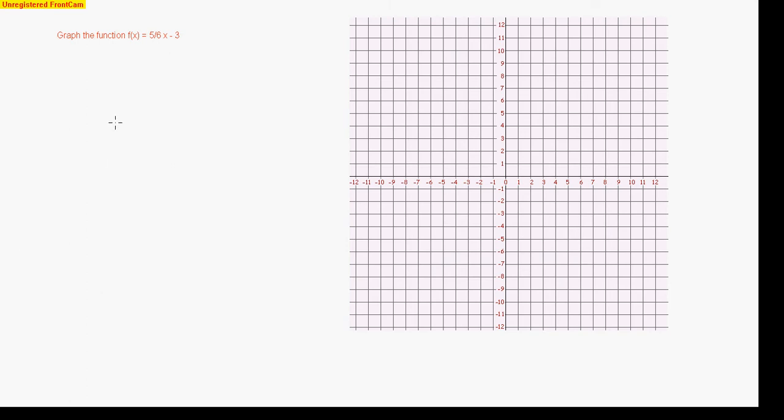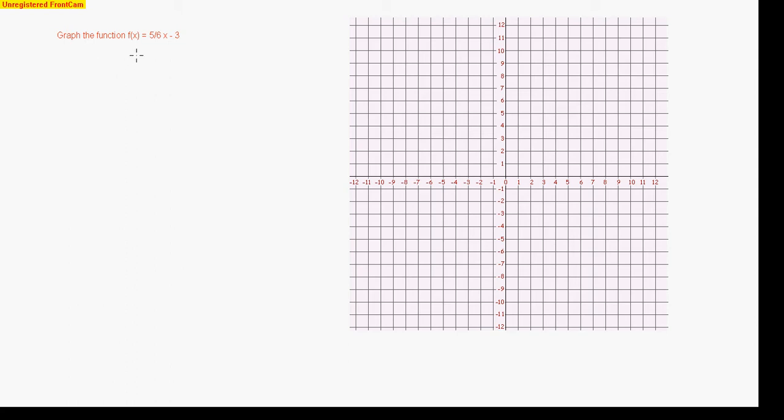Now in example 2 they asked me to graph this function. So I'm going to have to turn on my coordinate plane, and for some reason my coordinate plane is turning my background white, so I'm going to turn a little different color onto my pen to make it easier to see. So they want me to graph this function.